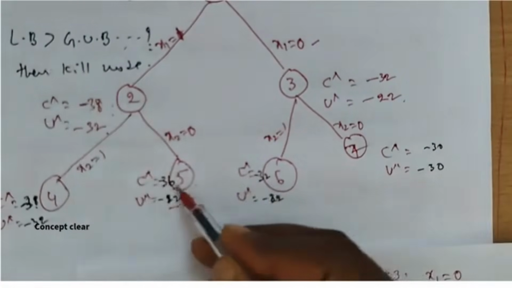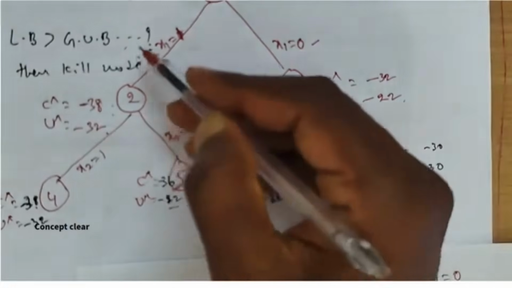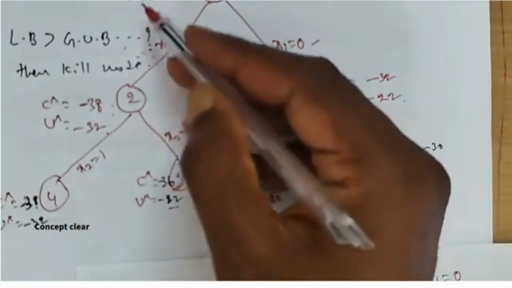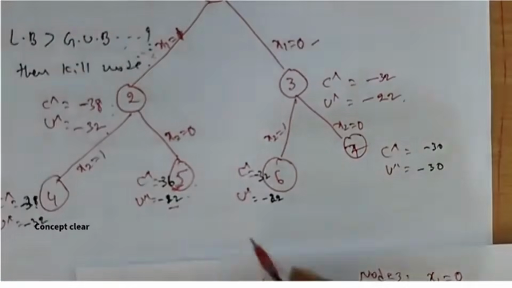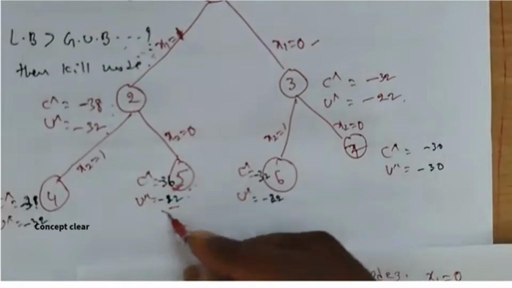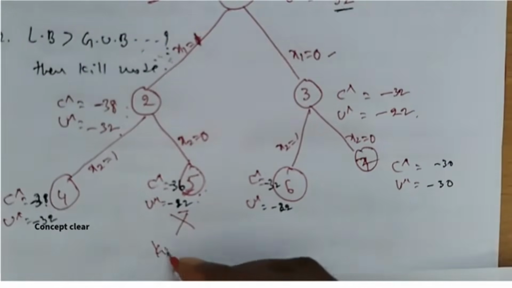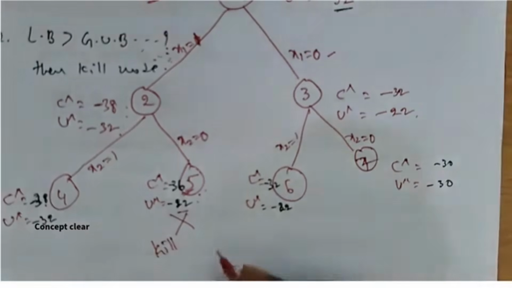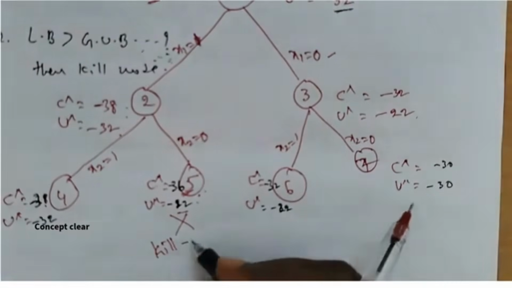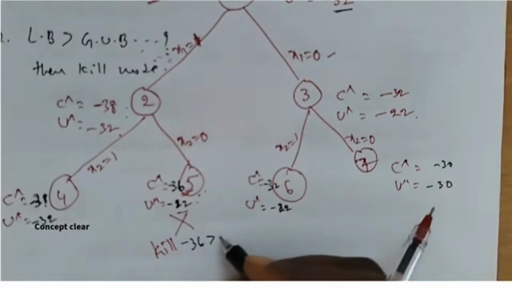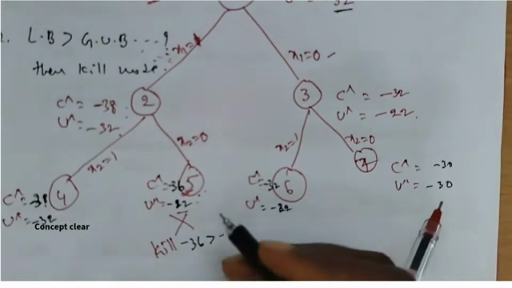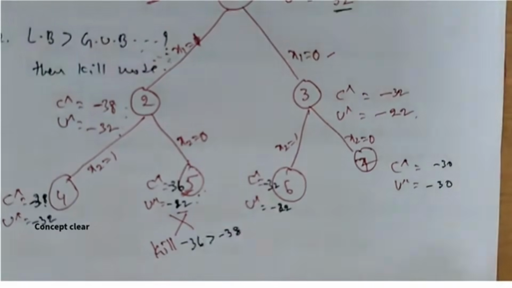The lower bound value is minus 36. What is the least bound value here? Minus 32. Which one is the least value? This is the least value. So kill this node. How are we killing here? Minus 36 greater than minus 38.